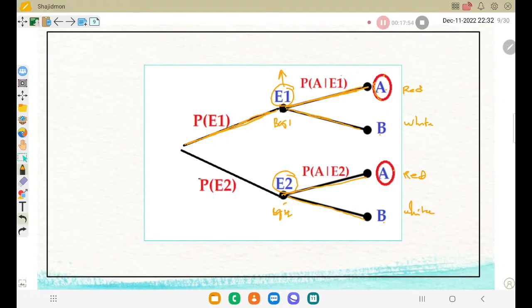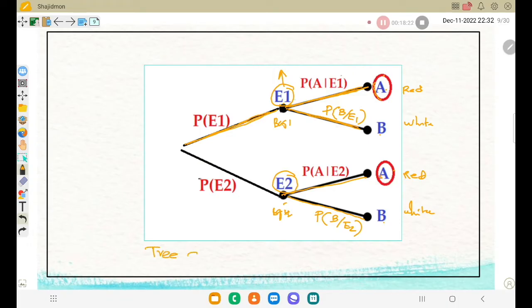And here we write the probability of B, that means the white ball from bag number 1, E1, correct? And here the probability of A given E2, the probability of a red ball from bag number 2, and here the probability of a white ball, B, under the condition of the second bag E2, correct? So this is the idea of the tree diagram.